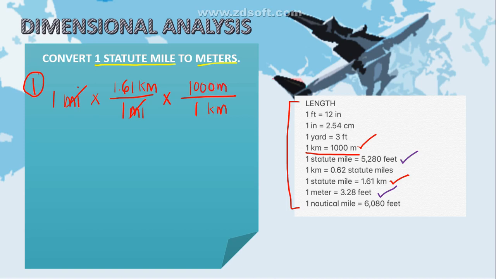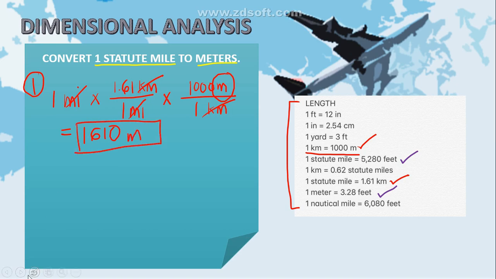Cancel kilometers, you will get meters. So again, you just multiply everything on top. 1 times 1.61 times 1,000, you will get the answer 1,610 meters. This is your final answer.